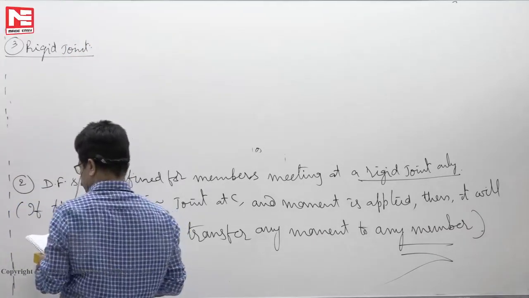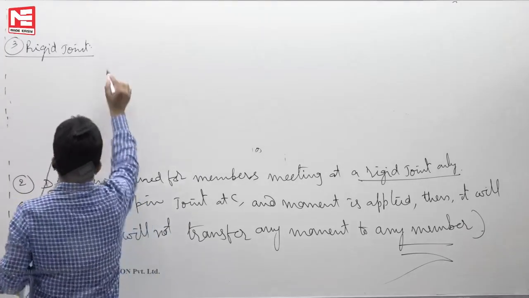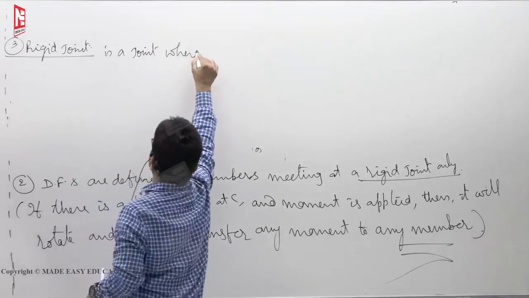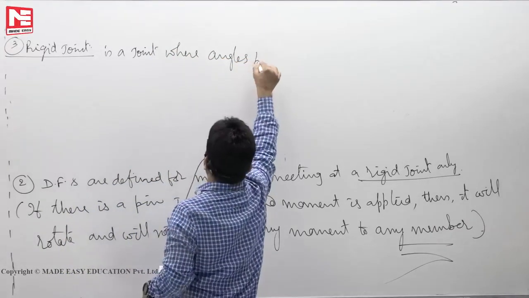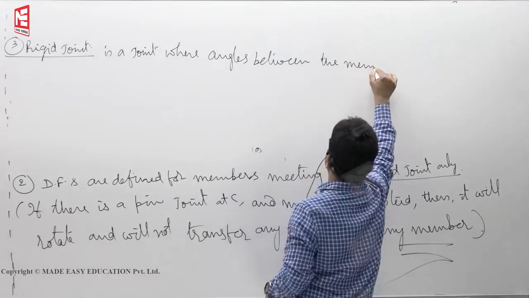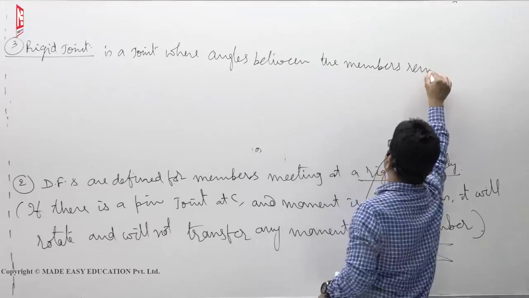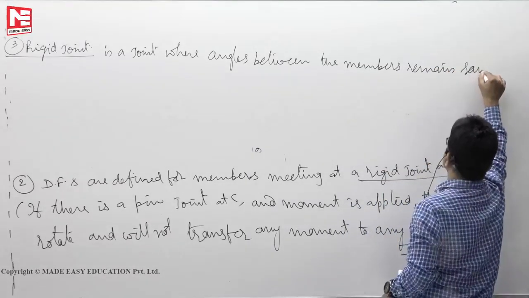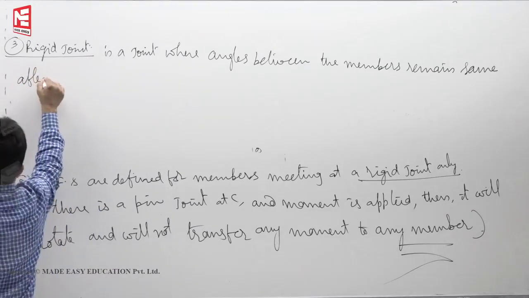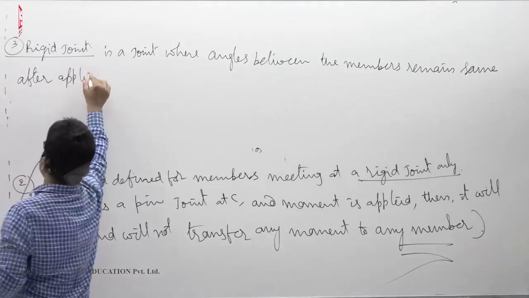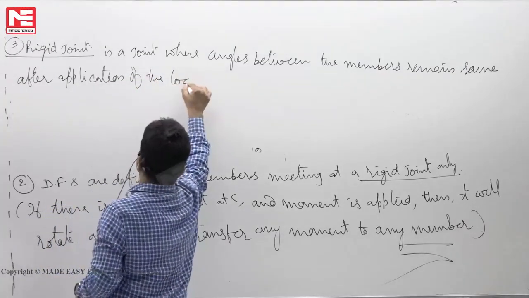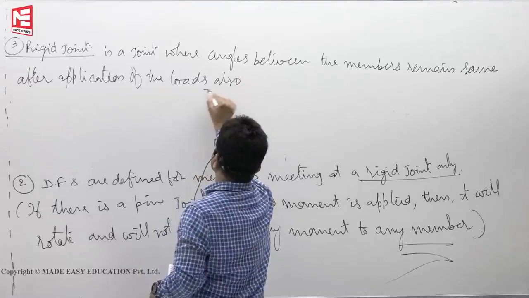A rigid joint is a joint where the angles between the members remain the same after application of the loads. They remain the same after application of the loads also.